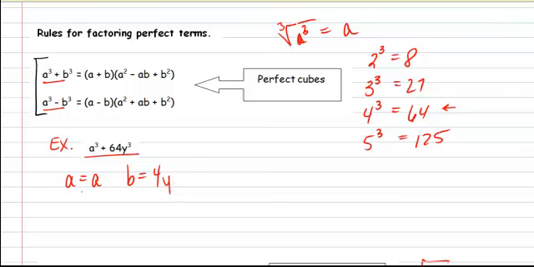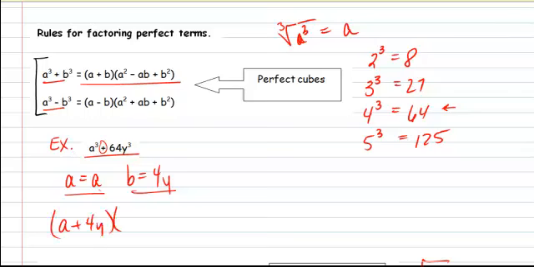Mouthful. Okay, so here I have my a and my b terms, and I'm going to plug those in because this is a plus sign. I'm going to plug it into the first formula. So I just simply write this as my a term plus my b term, a plus 4y, times.